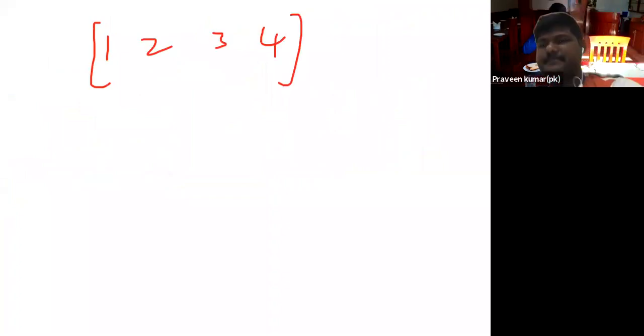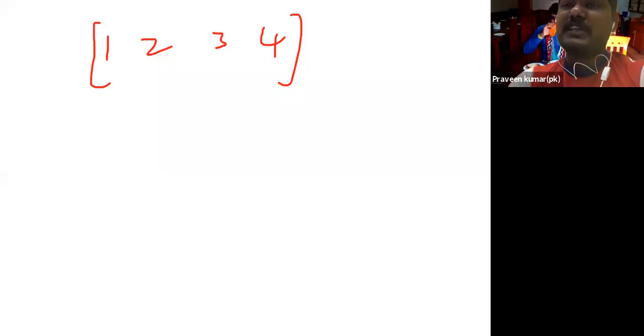Can anyone say the order of this matrix? Don't forget, no confusion. See, again, people are confusing themselves. First rows, next columns.